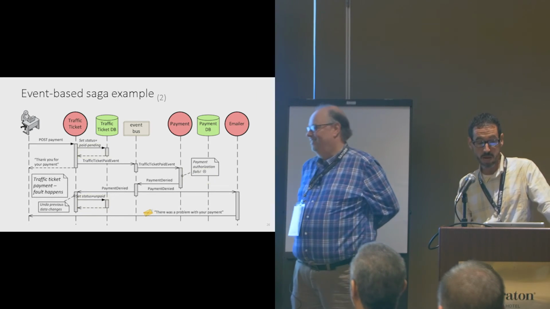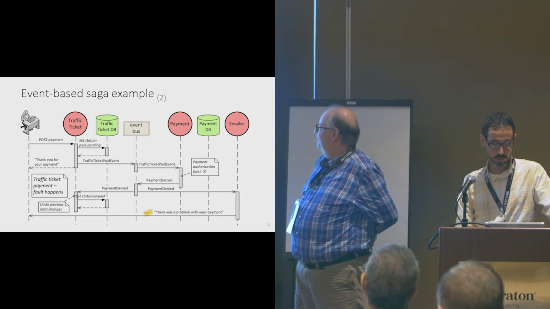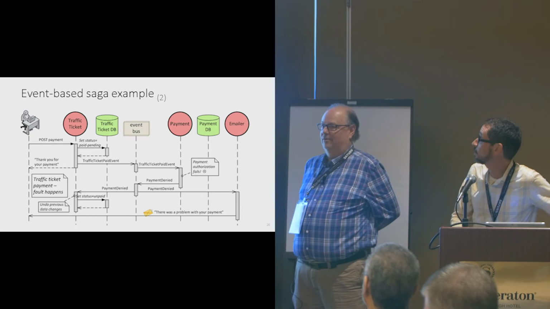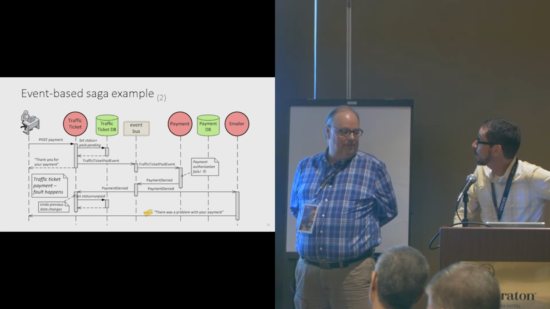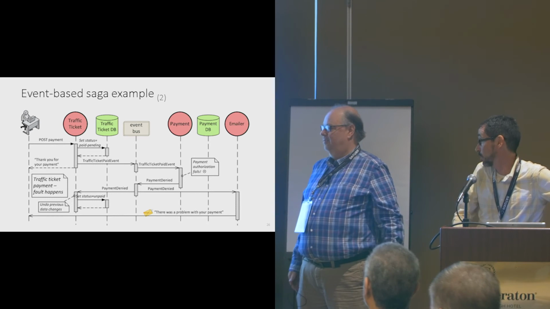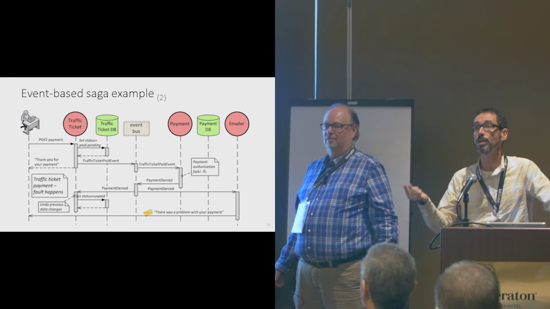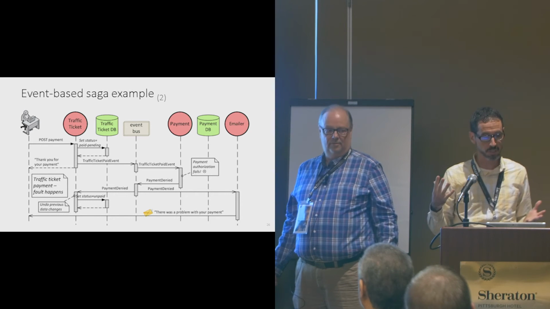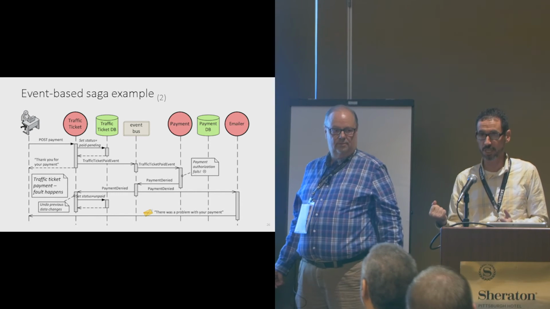With a Saga, what happens if there's a problem? This is the situation when, if you follow the flow there, you're going to see that payment didn't get authorized. So payment fails. And then the payment service or separate microservice will issue another event, which is payment denied. So step one of the Saga was processing the traffic ticket.